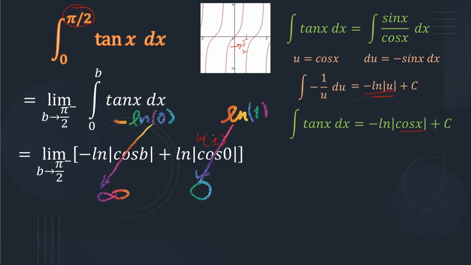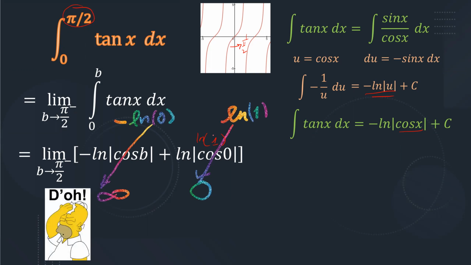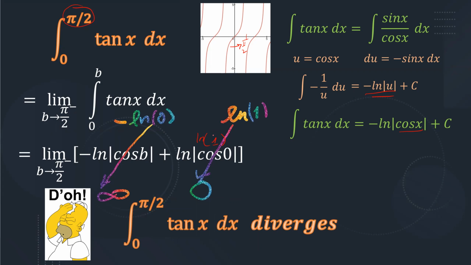So think about where ln of 0 is going to go. Ln of 0 is approaching negative infinity, so negative ln of 0 is approaching infinity, and that isn't going to work. So we say the integral of tangent x dx from 0 to pi over 2 diverges, it does not go to a certain value.